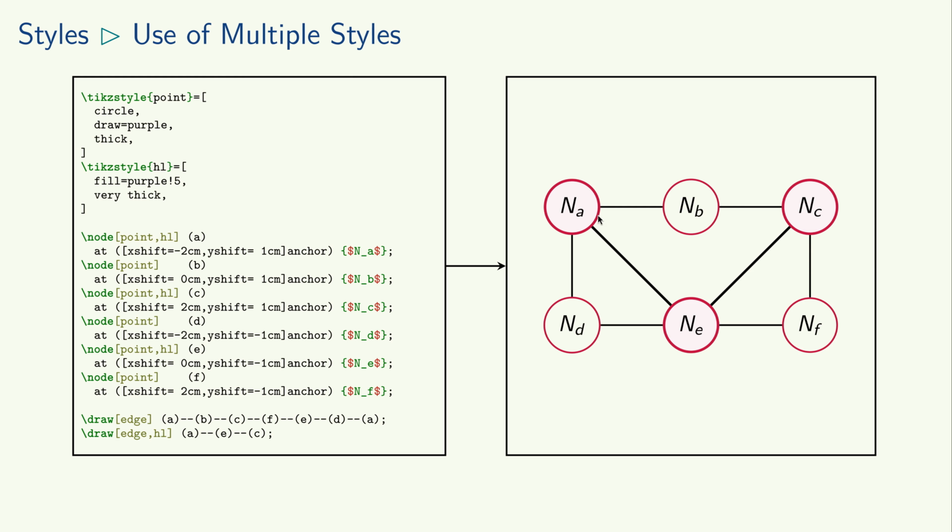This way I can essentially highlight the path from node A over node E to node C. If you squint your eyes, you can see that the line around the circle of those nodes that are highlighted is slightly wider than the circles that are not highlighted. And the same for the edges here and here.